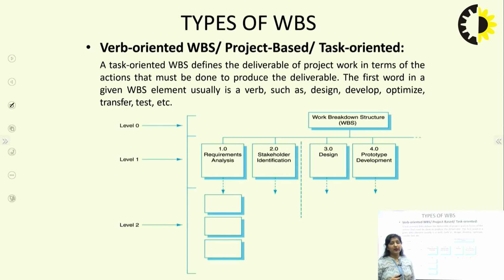In the verb-oriented one, it must be a verb like design, develop, optimize, transfer, test, etc. The levels will be the same as we have discussed. If we make a verb-based one, like requirement analysis, the numbering will be 1.1, 2, 3, 4, along with requirements analysis, stakeholder, design, prototype development.